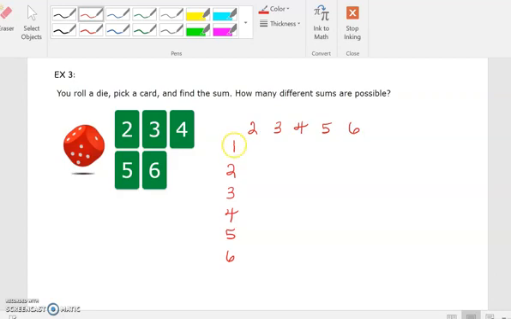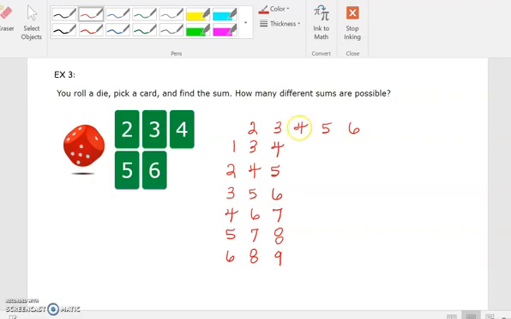So if we roll a 1 the first time and we choose a card that's a 2, our sum would be a 3, a 4, a 5, a 6, a 7, or an 8, if we're simply adding those together. So if we roll a 1 the first time and we pick a card that's a 3, our sum would be a 4, a 5, a 6, a 7, an 8, or a 9.